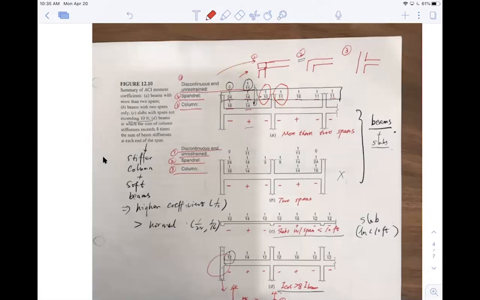These numbers are drastically different from the internal span, which is 1/11s. That influences this span only, and that's why this is 1/10s and this is 1/11s.